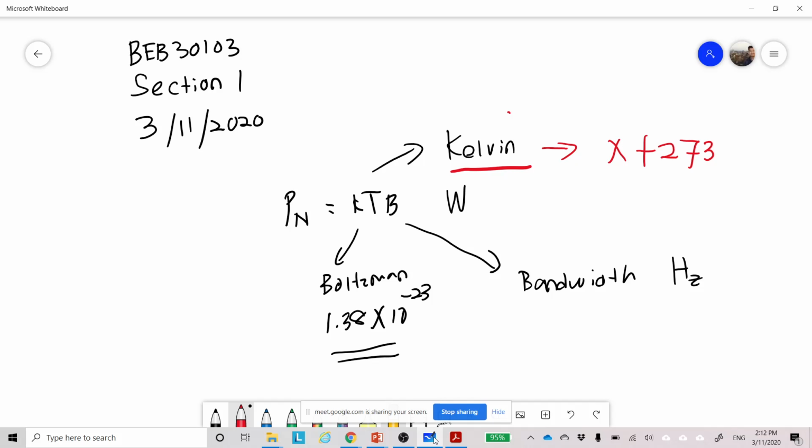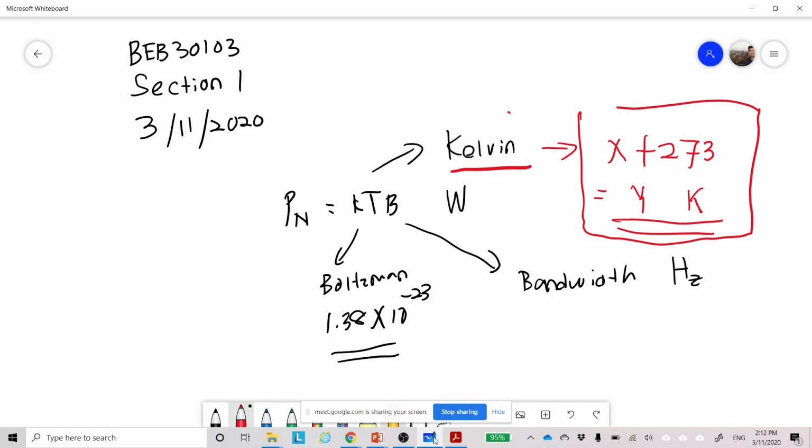Okay, so X in Celsius plus 273, so you akan dapat temperature in Kelvin. Unitnya adalah capital K, Kelvin. Okay, so always remember this magic number. Ini tidak diberikan dalam test ataupun final exam, yang mana you perlu faham sendiri berkenaan dengan konsep ini.